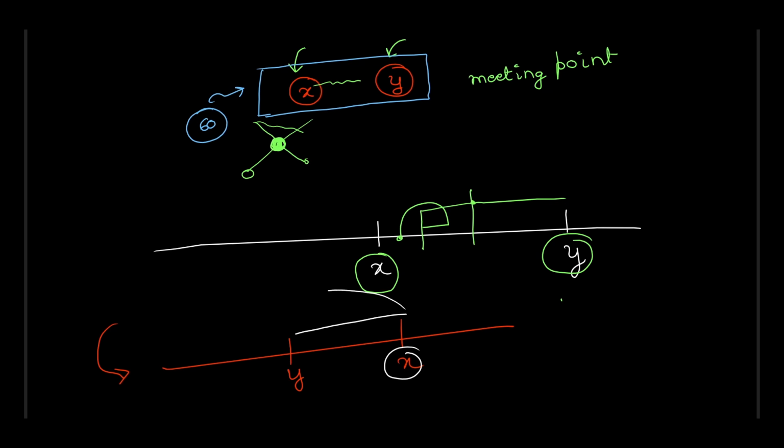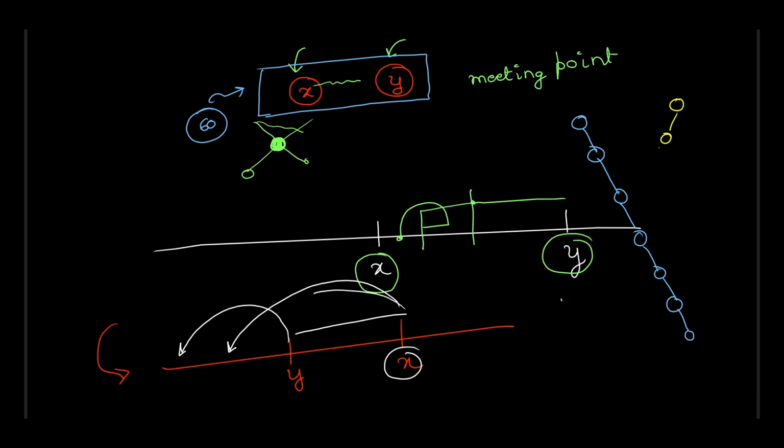You have to keep on decreasing x, and if x goes behind this y, then y is on the right hand side, and you keep on decreasing this. So now you can see that actually there is a unique meeting point between x and y. There can't be multiple meeting points, because once they meet, why can't there be multiple meeting points?